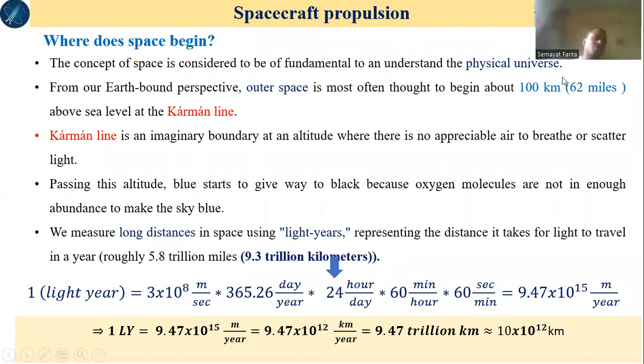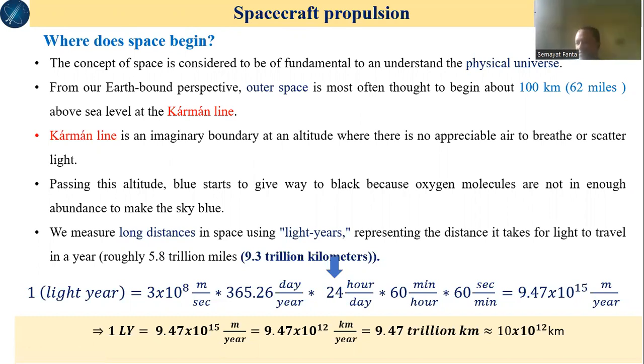Above 100 kilometers there is even no oxygen, so that line is called the Karman line. The Karman line is an imaginary boundary at an altitude where there is no appreciable air to breathe or scatter light. Even the blue sky cannot be seen at that point.